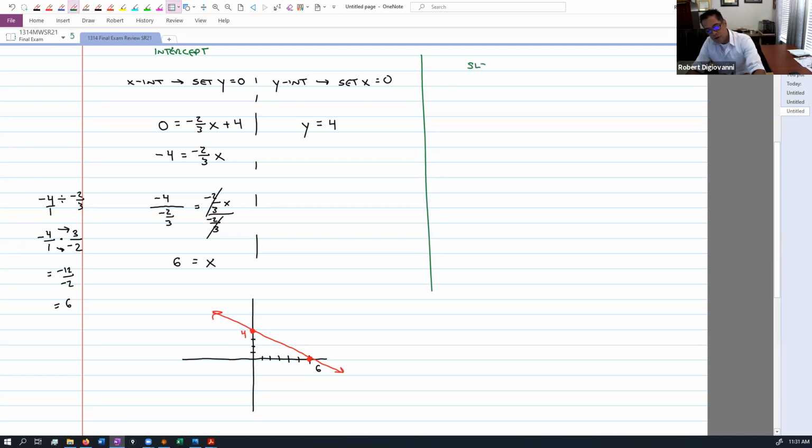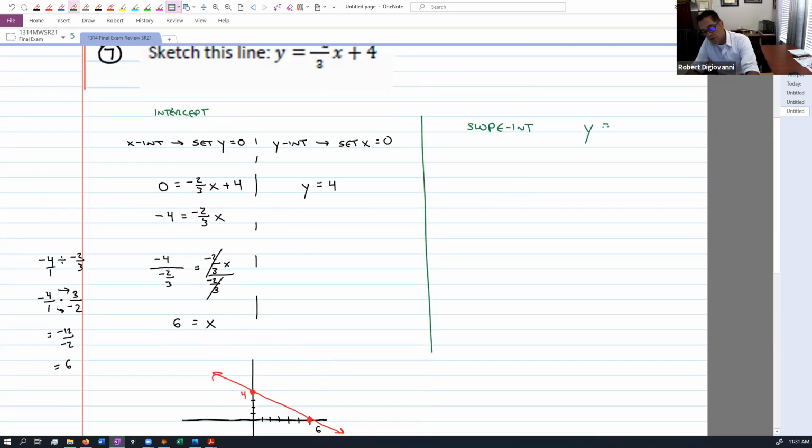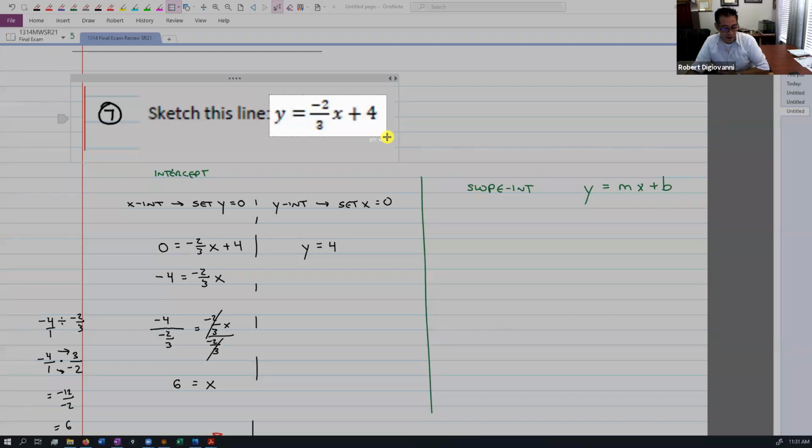Now the slope intercept method, which I think is much easier for this problem, is to use the fact that if your line looks like y equals mx plus b, then it's easy to sketch it. And our line actually does look like that, right?